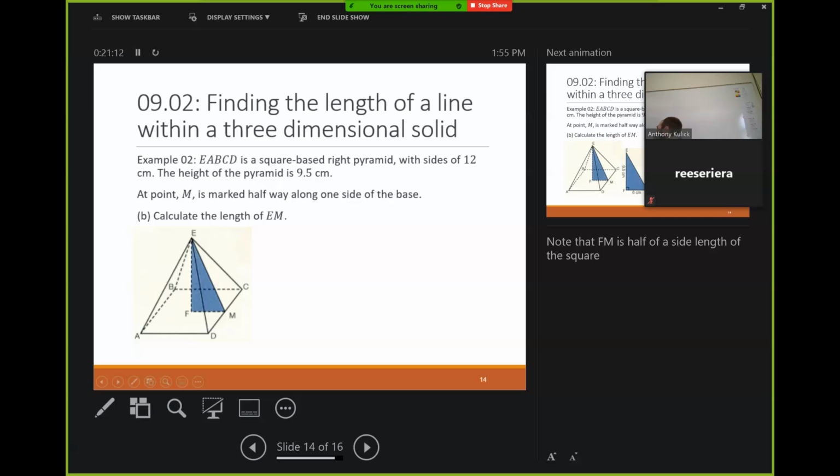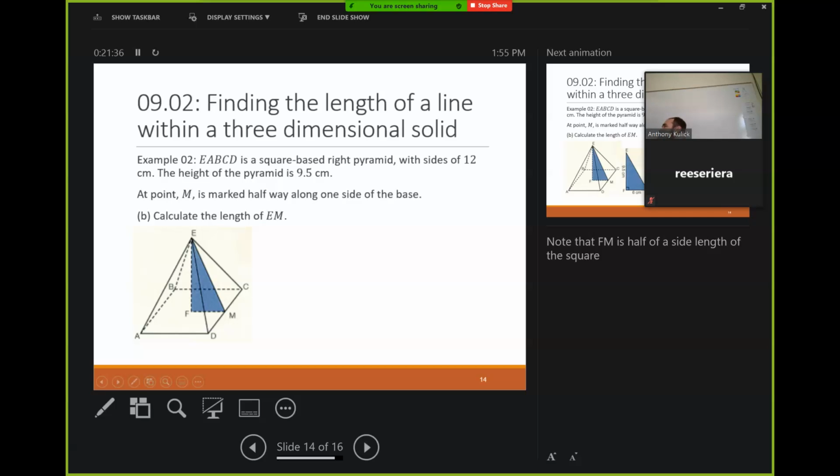Well, since this is a square base and it's a right pyramid, F has to be at the exact center. So F is halfway along this side also. So this side has to be half of a side length, so 6. Everybody good with that? Okay.